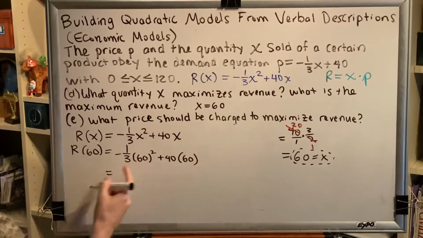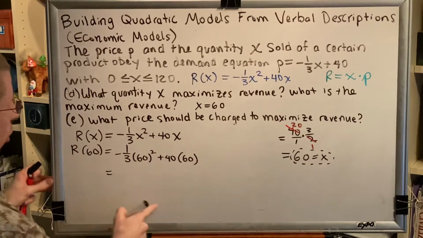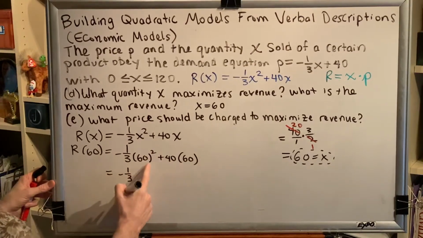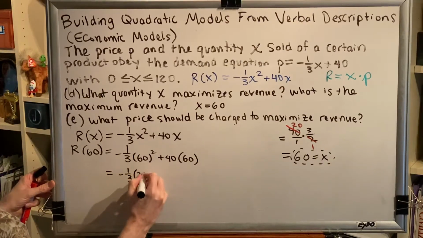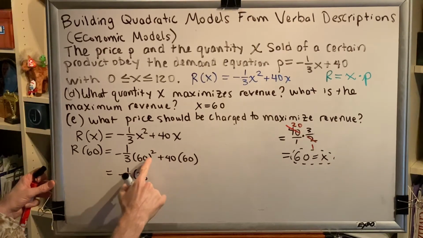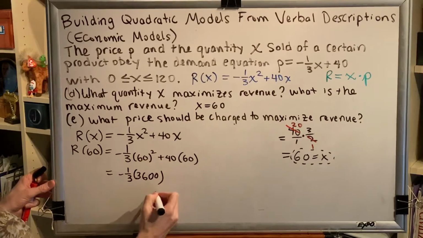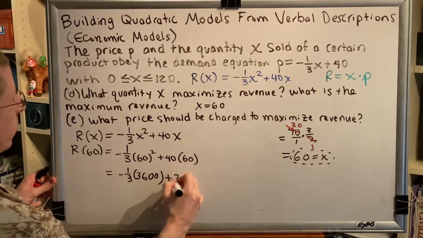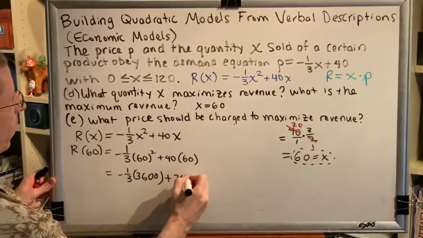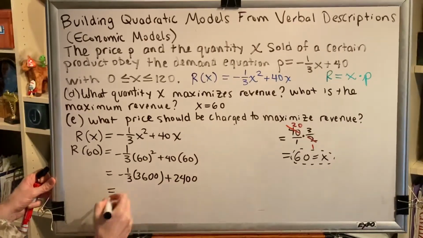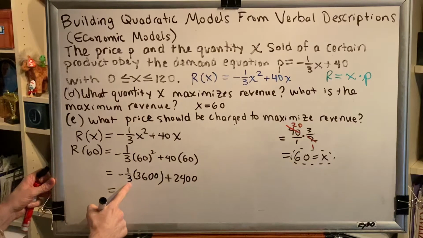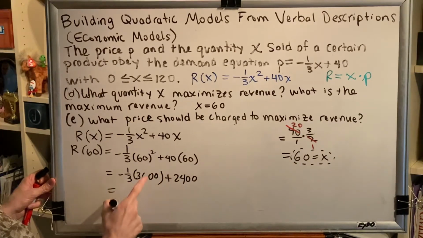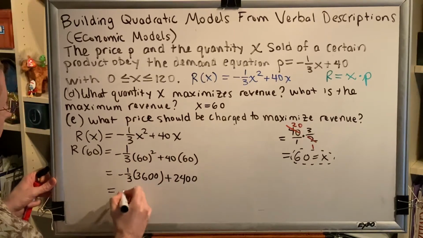The work we're about to do is very similar to the work done in an earlier part of this problem. First, we want to do 60 squared. 6 times 6 is 36, and then I have this extra 0 twice, so that makes it 3600. 40 times 60: 4 times 6 is 24, plus a 0 here and here makes 2400. Multiplying by 1/3 is the same as dividing by 3. 3600 divided by 3 is 1200, make it negative.